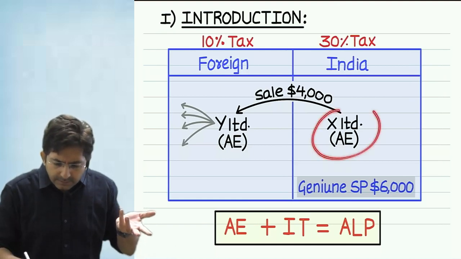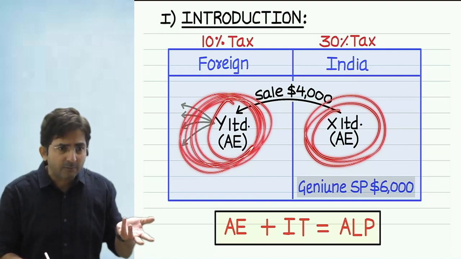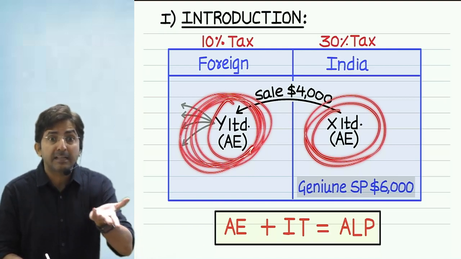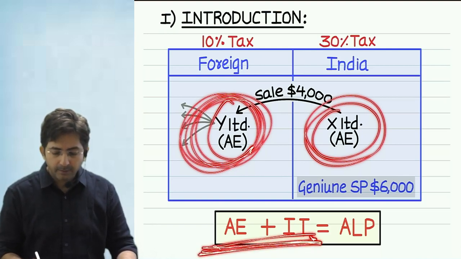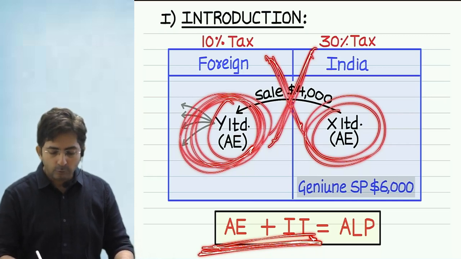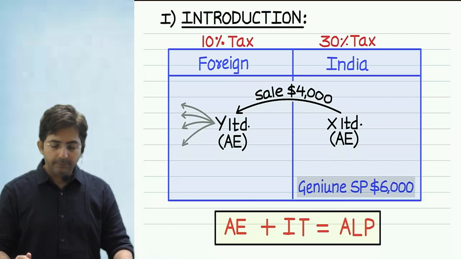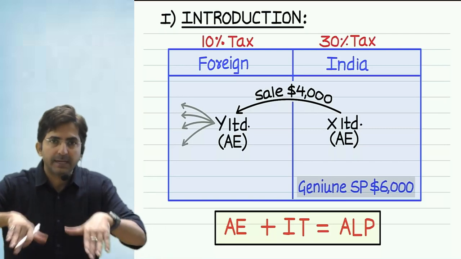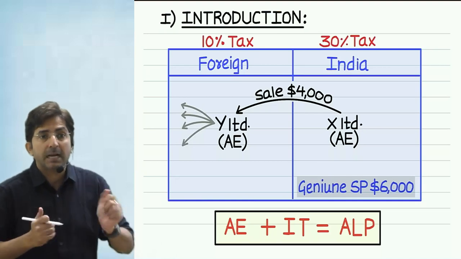Once it is established that there is an association between X and Y and it is an international transaction, look at this, AE plus IT, then the price will not be trusted and the law will have to find a genuine price. See, we are going to the depth of the associated enterprise, but don't forget the main example with which the chapter started.